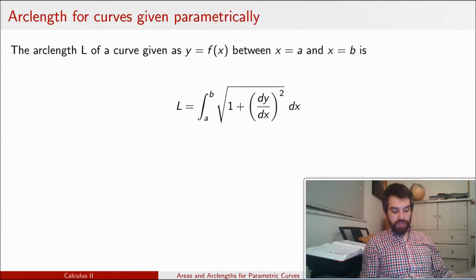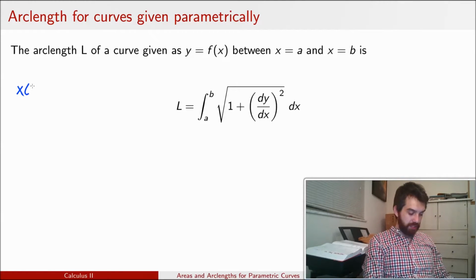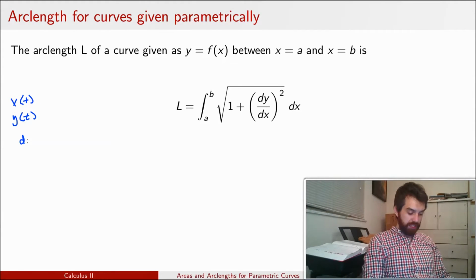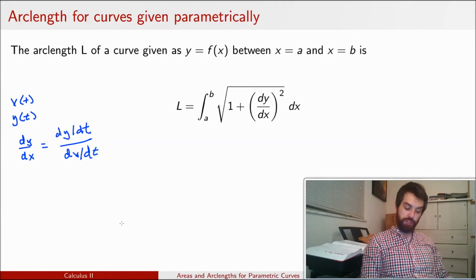But what I want to do is note that if I make the change where x is some function of t, and y is some function of t, we've previously seen that the derivative dy/dx could be written as dy/dt all divided by dx/dt. This was a consequence of the chain rule.